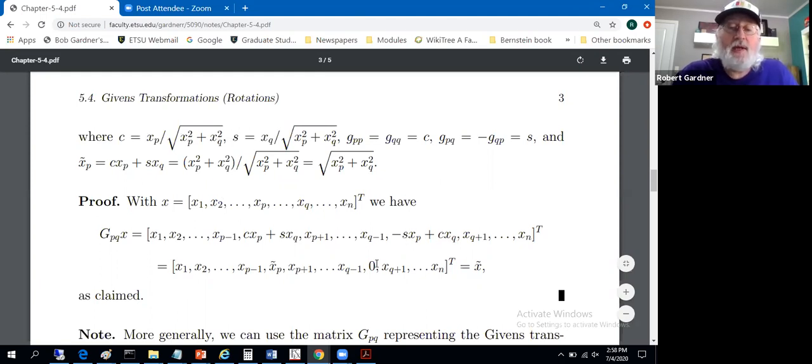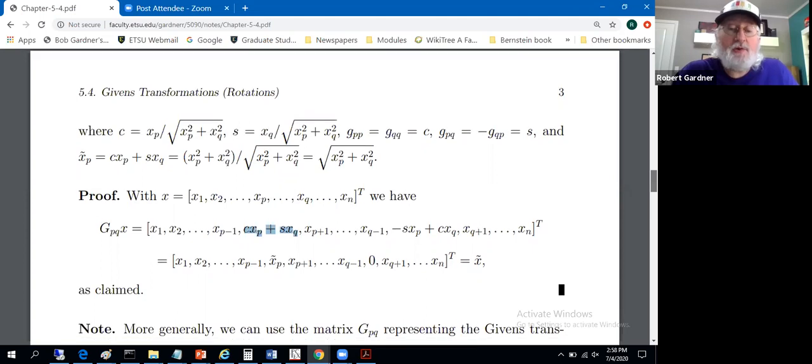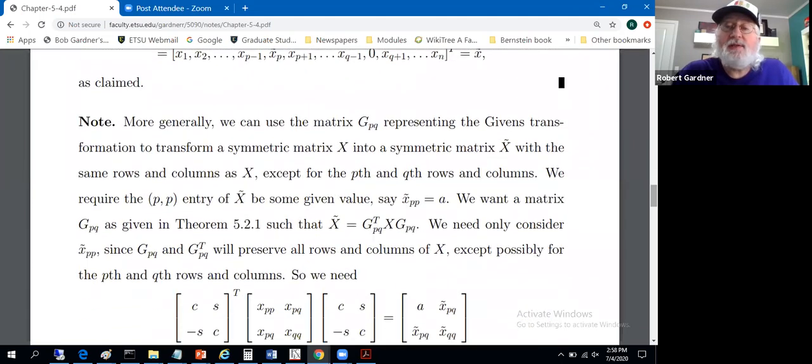Add them together and get a 0. The x sub p tilde we're getting out is given by this quantity here. We could express it purely in terms of x sub p's and x sub q's by doing some substitution there. So such a transformation exists.